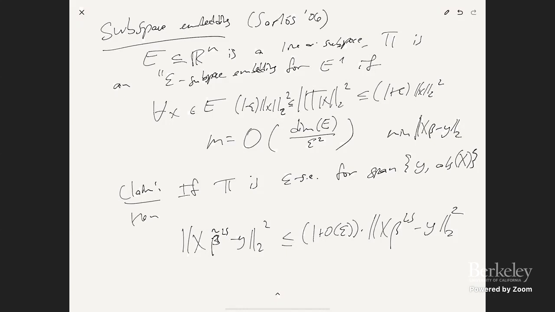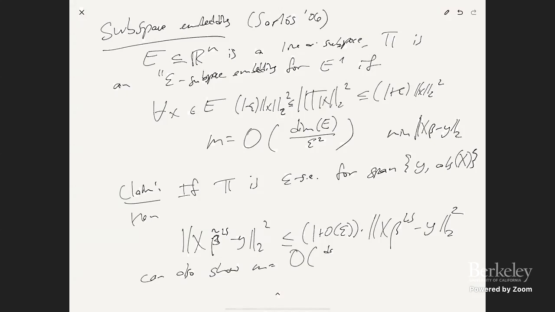There are other ways of arguing this as well. You can also show, this is in Charles's paper, that M being O of D over epsilon works. So what does this give you, by the way?